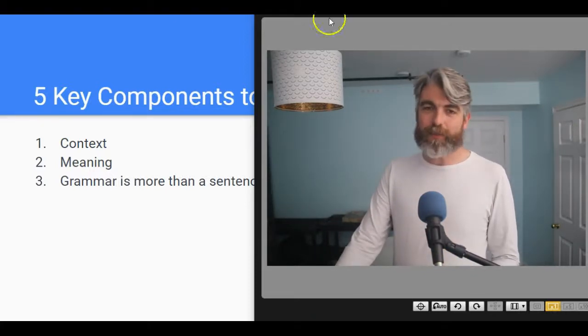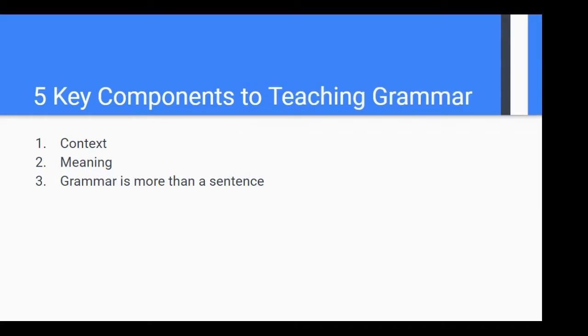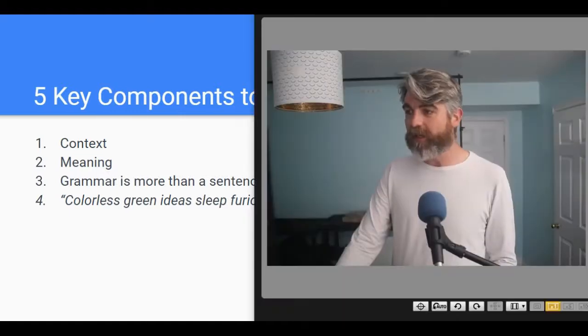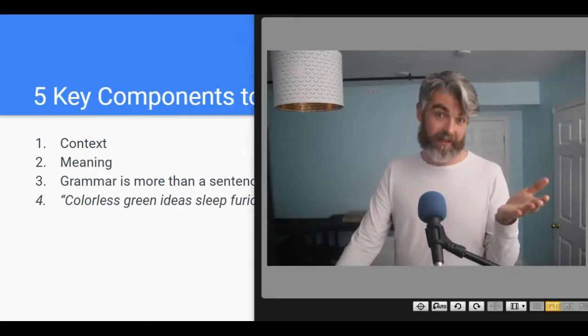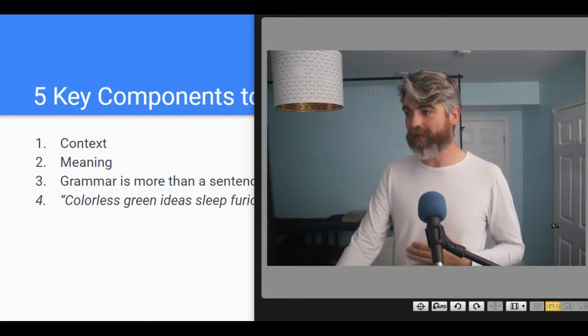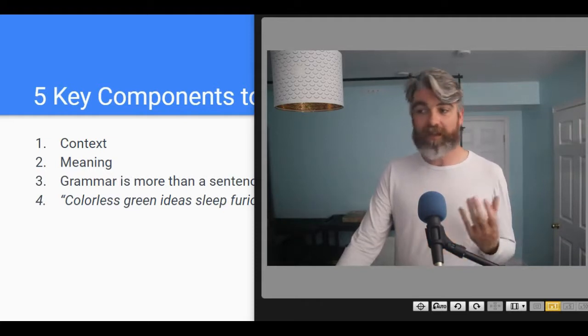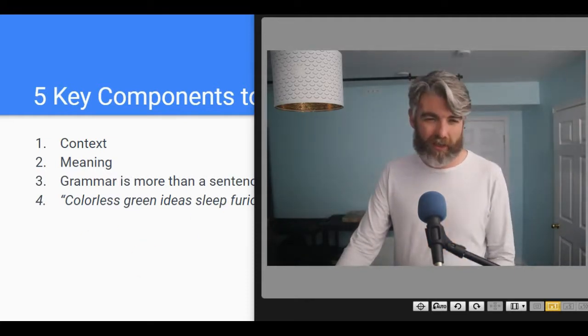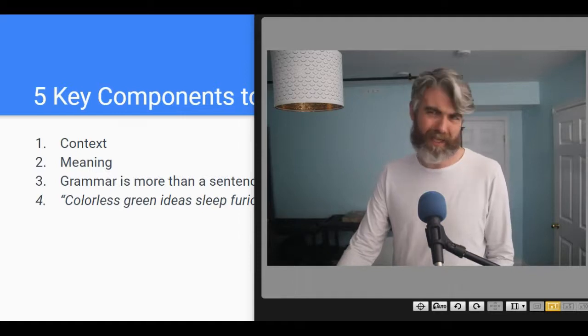And here's what I mean, and this comes from Chomsky again. This will make it a little bit clearer. Colorless green ideas sleep furiously. Some sentences can be perfectly grammatical, as that one is, but they may convey no meaning at all. Colorless green ideas. Do ideas have colors?